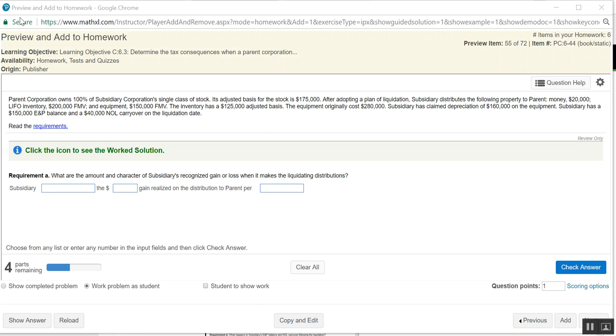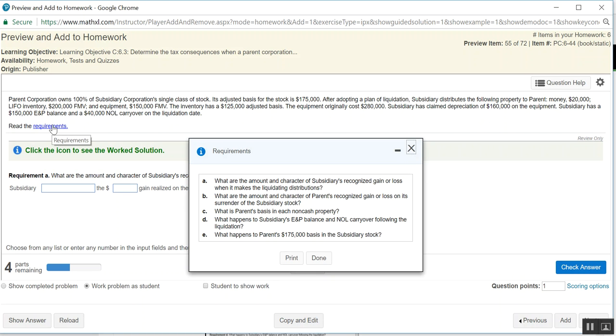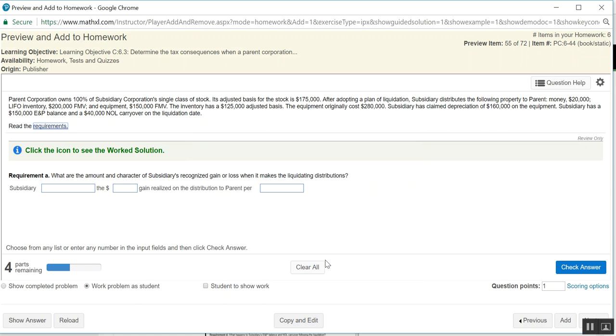In this case, I want you to assume, and it might even tell you that here. Yeah, it does not. I want you to assume that the subsidiary is solvent, okay?